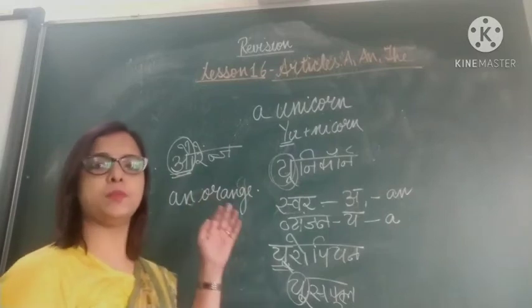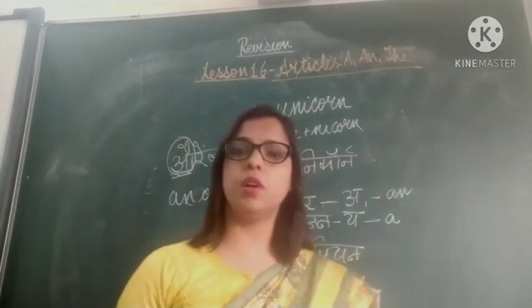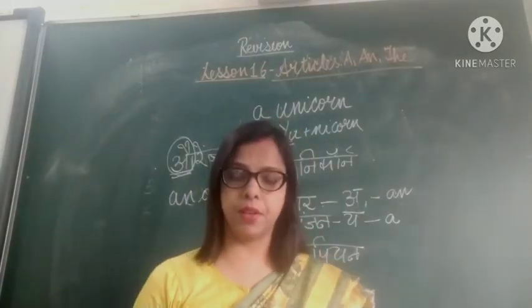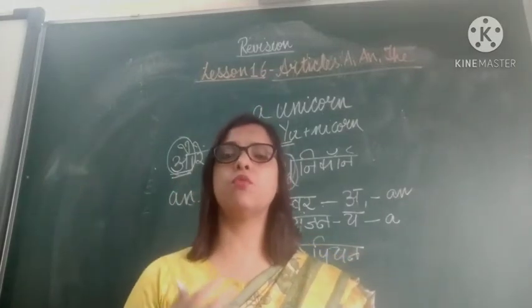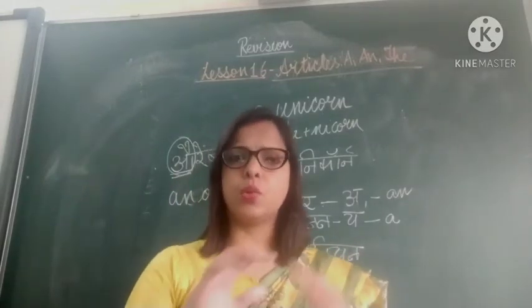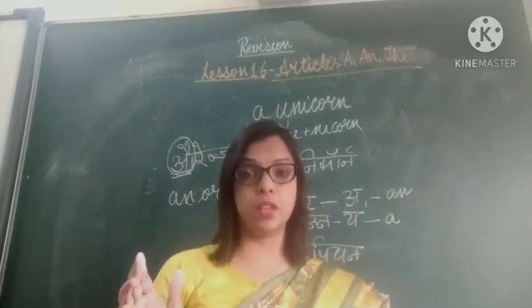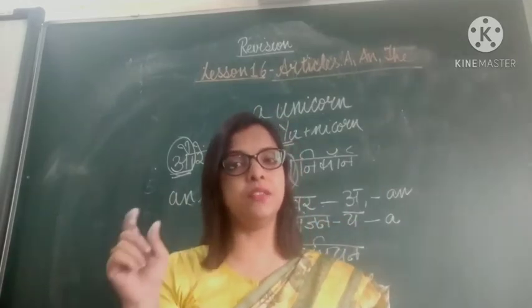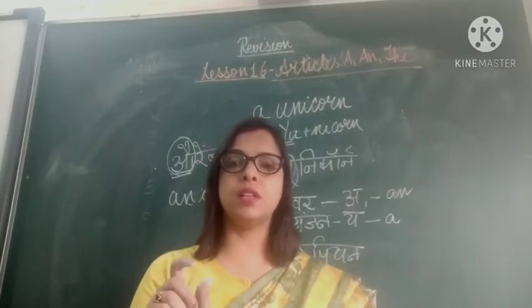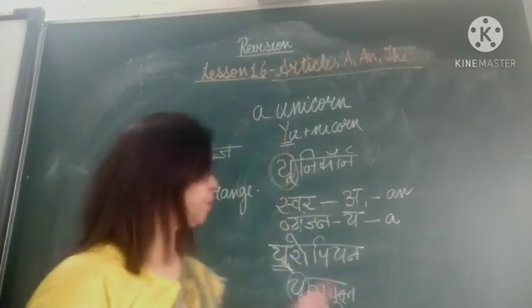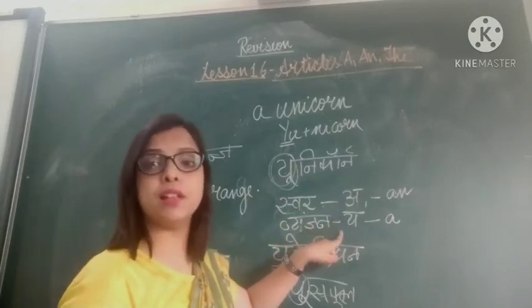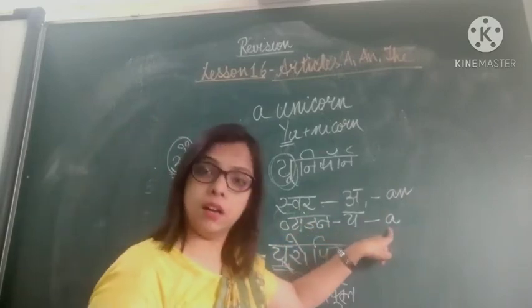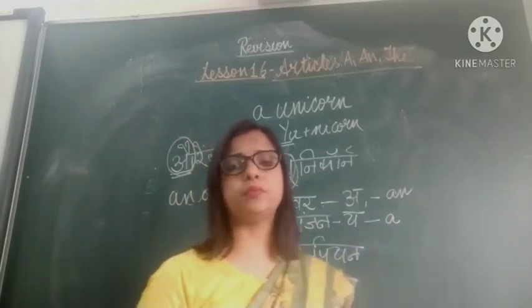So children, I am telling this just to make you understand in a simple way, that if you still have any confusion in the consonant and vowel sound, you can just write the word in Hindi. Okay, and in Hindi if you find that the word is starting with swar, then you write an, and if the word is starting with vyanjan, then you write a. I hope it is clear now.